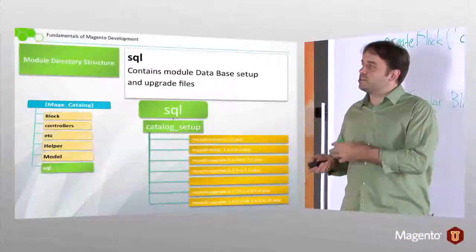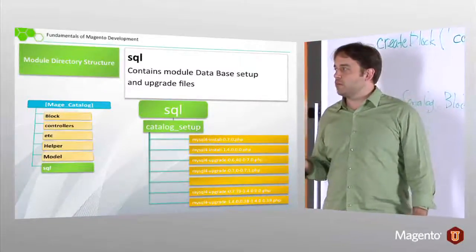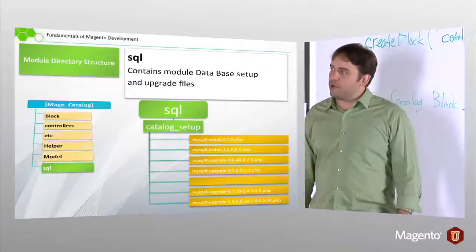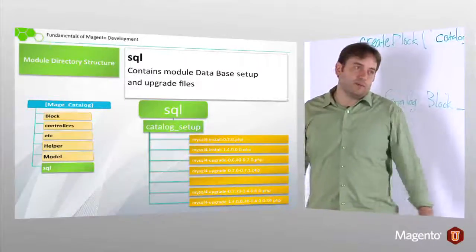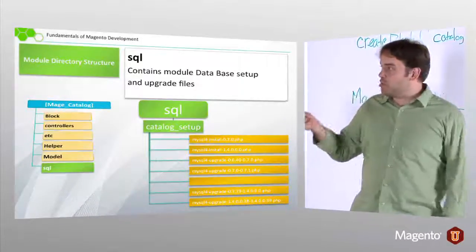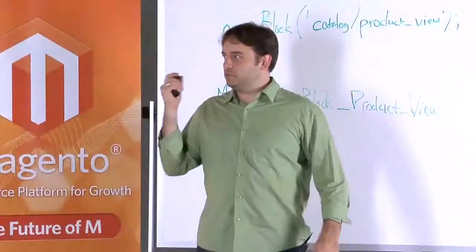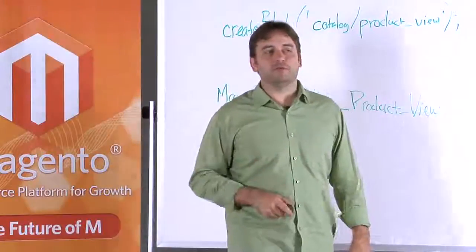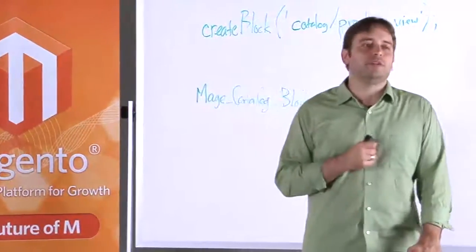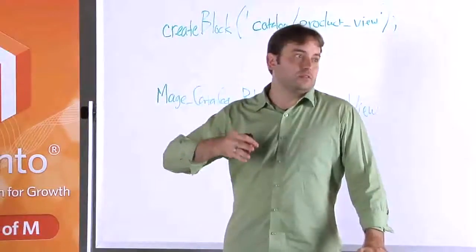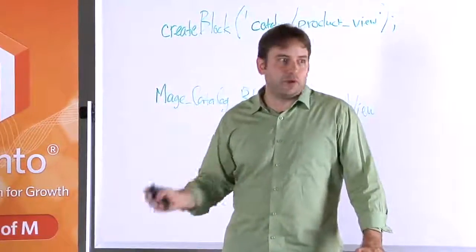The system will try to find files in here that match certain version number patterns, and will execute them. So this is quite simply how you can install a module, and it will do things to the database. Very, very cool, especially if you have a team environment, and you need to set some configuration automatically when someone checks out code from the repo or clones the repo.